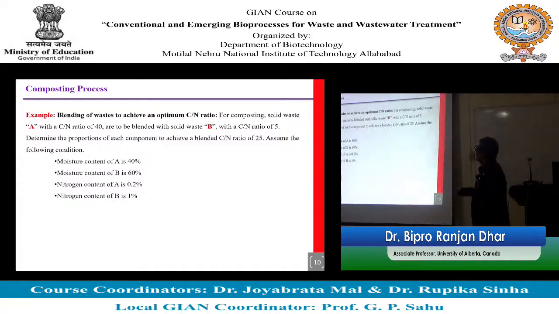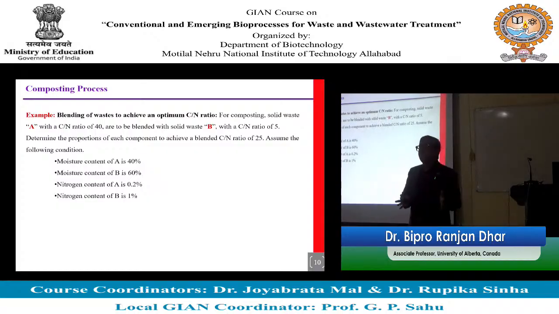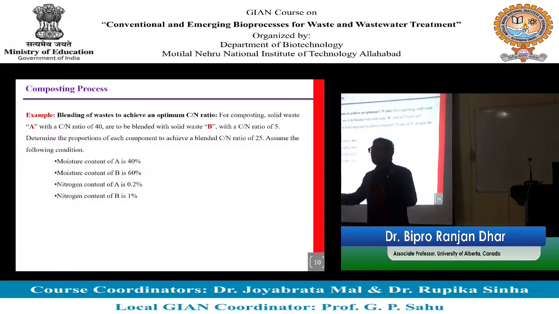Moisture content for A is 40%, for B is 60%, nitrogen content for A is 0.2%, and for B is 1%. I want to know, with 1 kilogram of A, how much of B should be mixed to achieve a carbon to nitrogen ratio of 25.